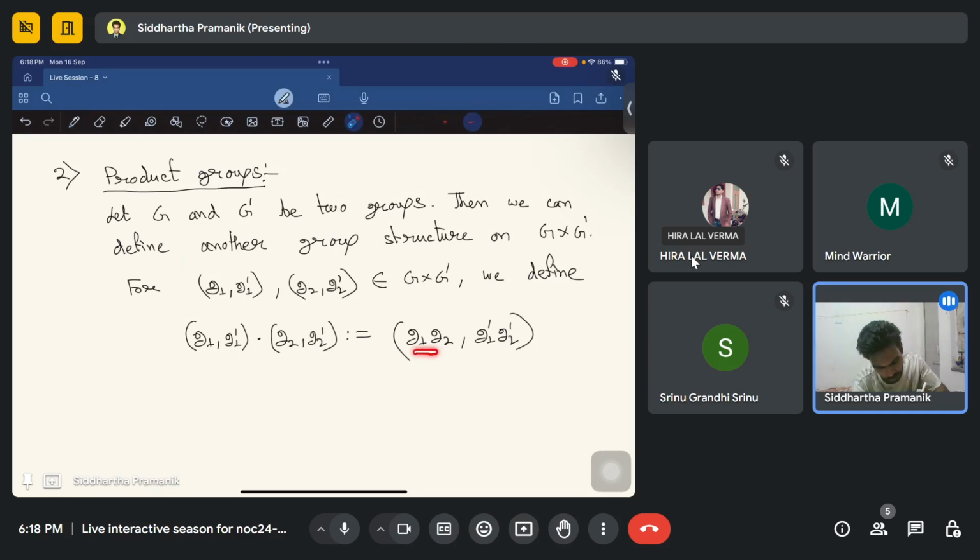Observe that here this is the operation in G and here it is the operation in G prime.